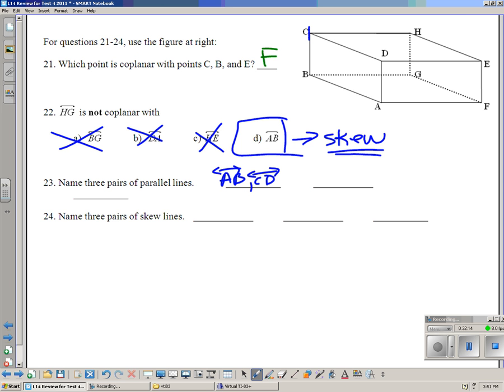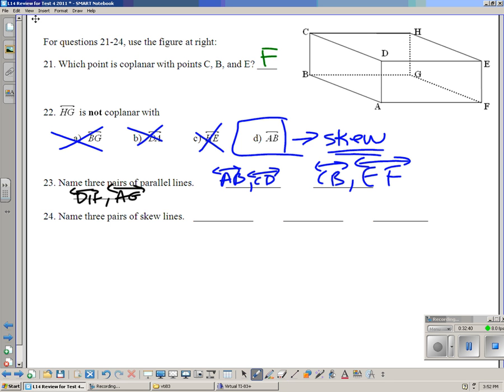We could do CB and EF. I'll be even more exotic. You could even make up lines here. You could say DH, AG. There are many, many answers, too numerous to count.